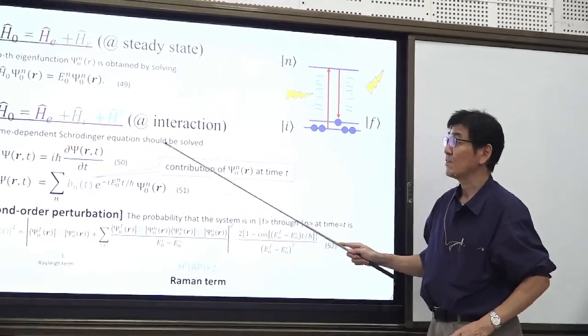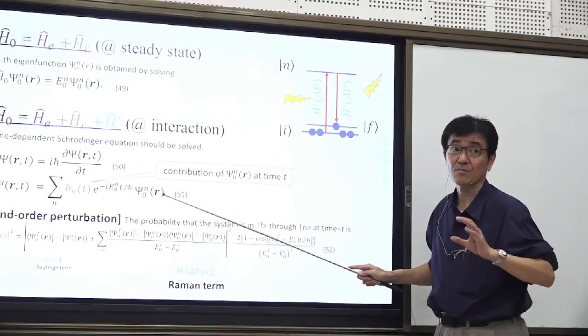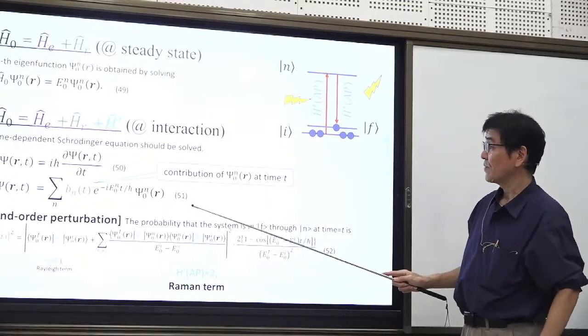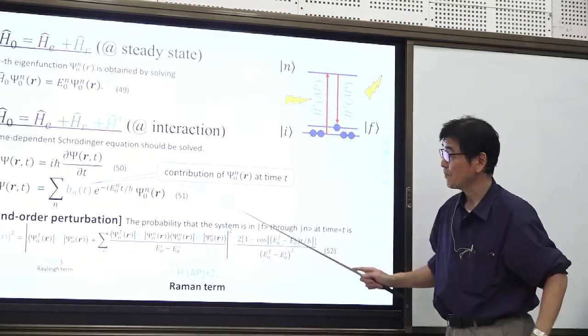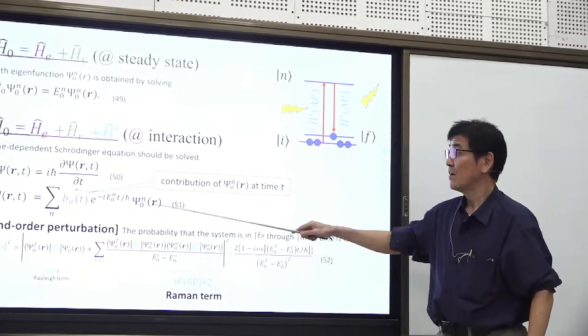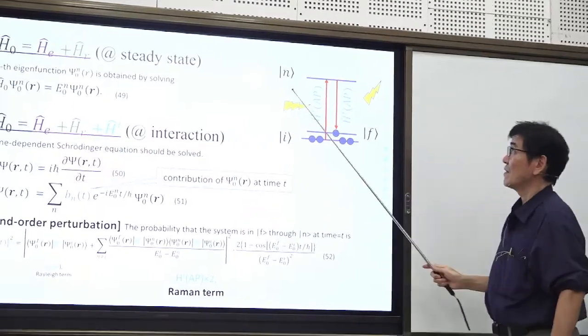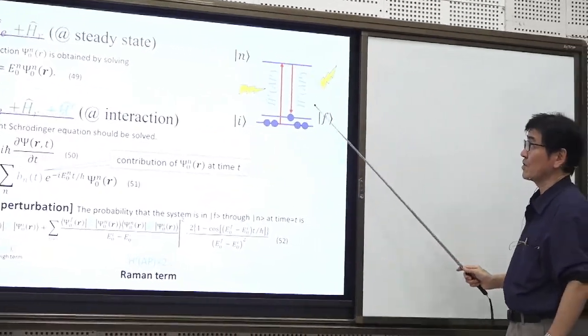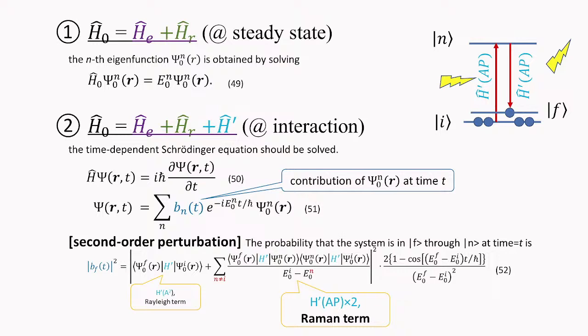So the contribution of each wave function as a solution of the steady state Schrödinger equation changes time by time. So if B is large, contribution of this wave function is large. If B is small, the contribution of this wave function is small. So it varies time by time.